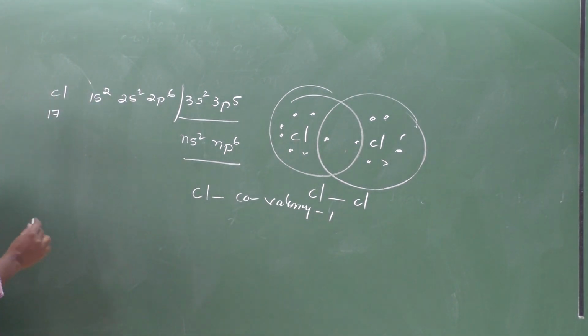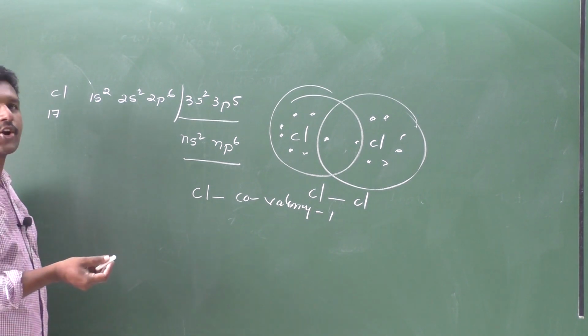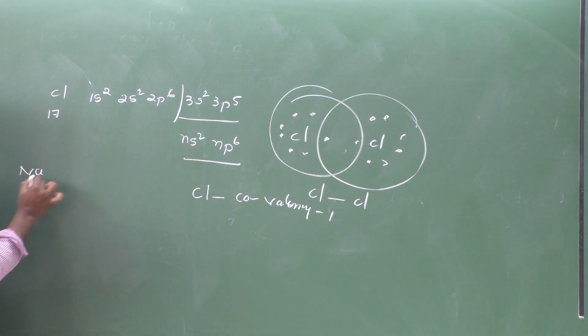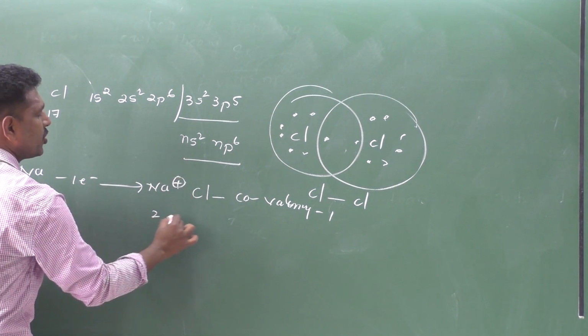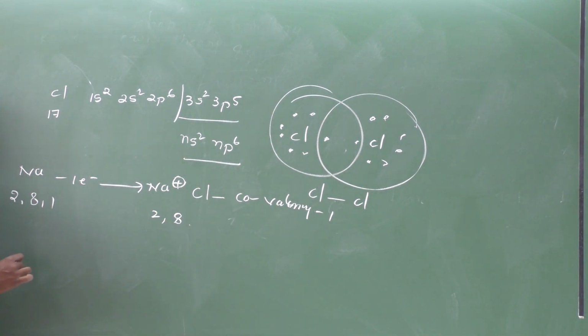But in the case of sodium, it can lose one electron. Sodium 2,8,1 minus one electron gives Na+ 2,8. Therefore, it is called electrovalency, losing an electron.